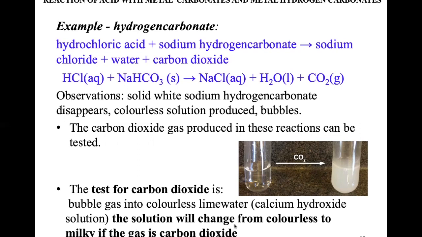The solution will change from colorless to milky if the gas is carbon dioxide. If you pass carbon dioxide in this colorless lime water, it will turn milky, indicating that the gas that was passed was carbon dioxide. So what is the test for carbon dioxide? It will turn lime water milky.